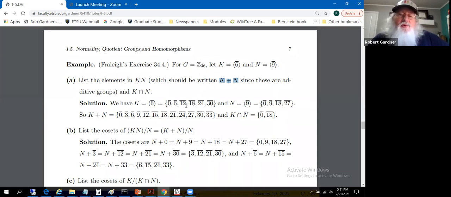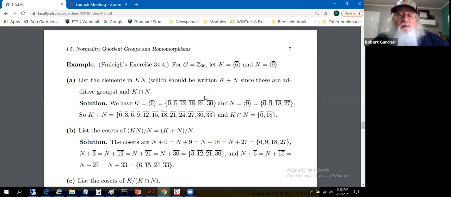So we get 6 bar, 12 bar, 18 bar, 24 bar, 30 bar, 36 bar, which is the same as 0 bar, and then we wrap around. For N: 9 bar, 18 bar, 27 bar, 36 bar, which is the same as 0 bar. We're working mod 36, and we've wrapped around. So here's what we get for the elements of K. Here's what we get for the elements of N.